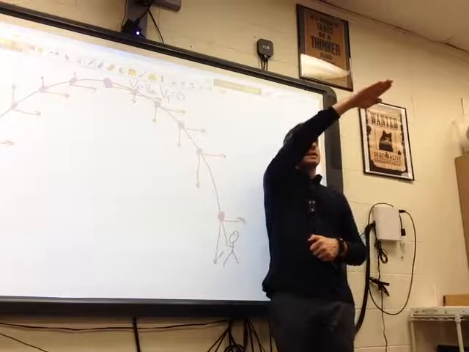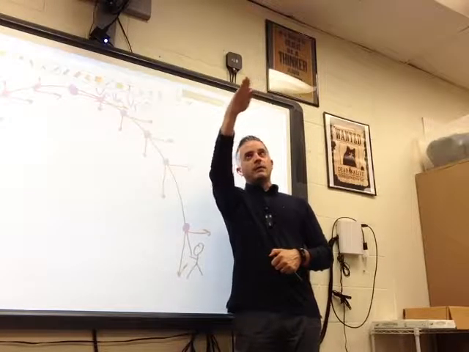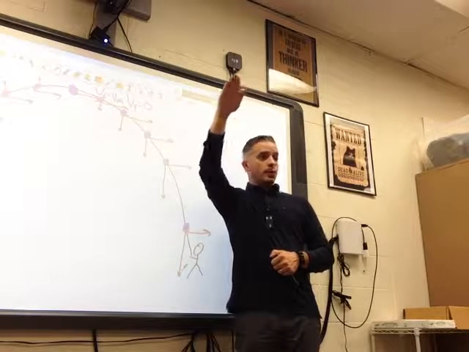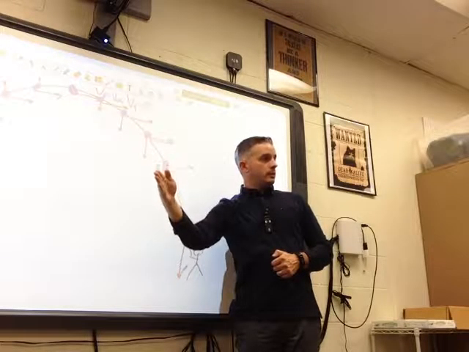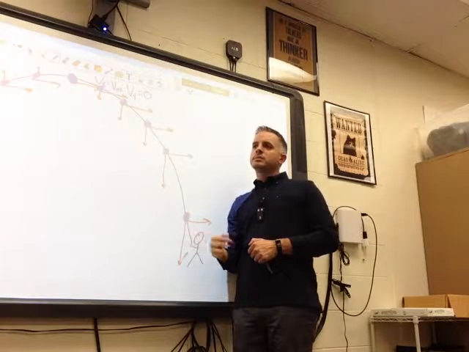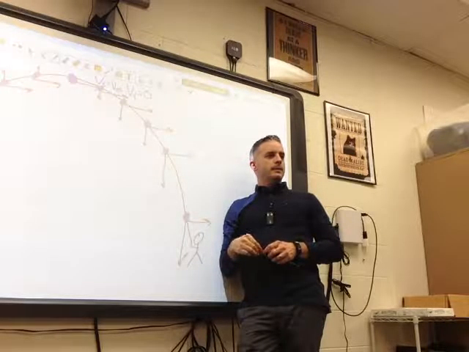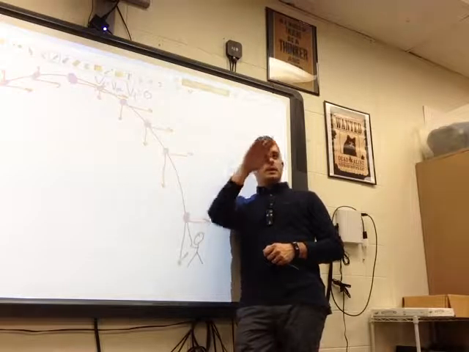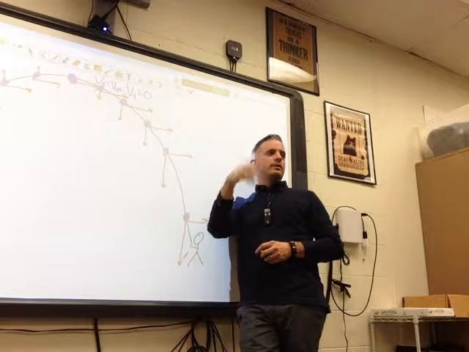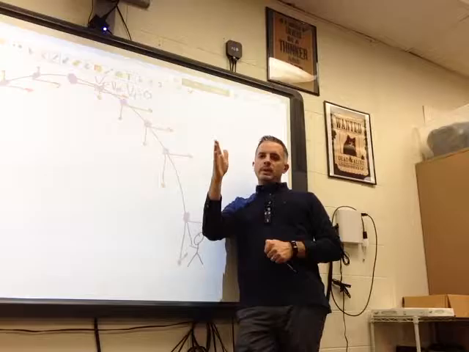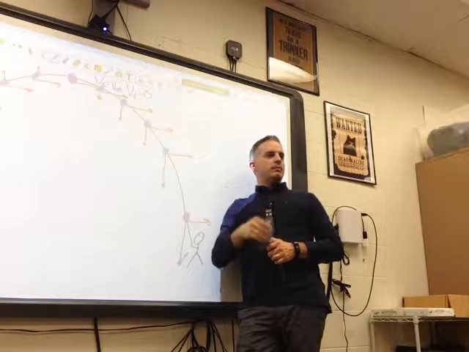So it starts out kind of horizontal and goes down, and the longer it falls, the more vertical it becomes. Will it ever end up straight down? Why not, Andy? How come it never ends up being straight down?